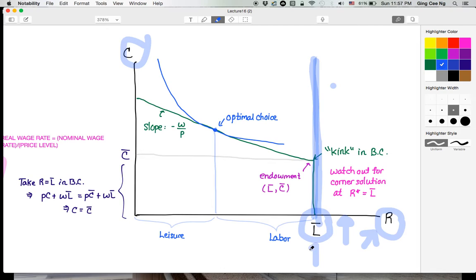You're restricted to consuming at most 24 hours. Or if you're talking about weekly, you're constrained to 168 hours of leisure a week, and you literally cannot consume 200 hours of leisure a week because that would exceed your time endowment.